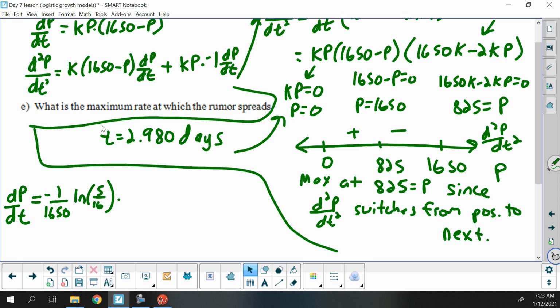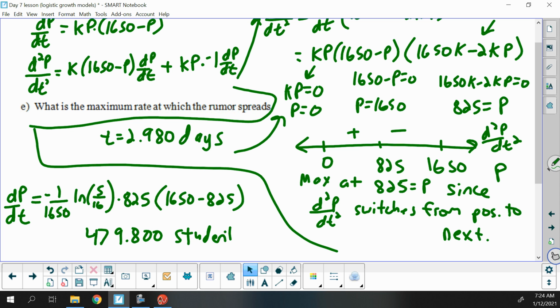We know our p that we want is the 825, and then times 1650 minus 825. Because we know the maximum rate occurred when p was 825. So you can punch that in and you get 479.800 students per day. And that's one option.